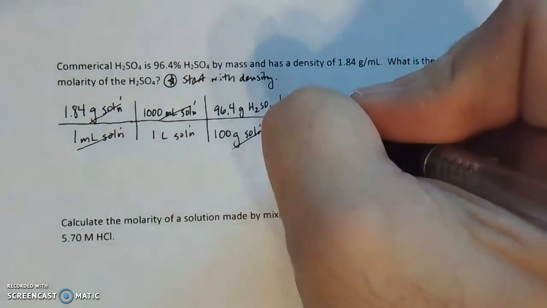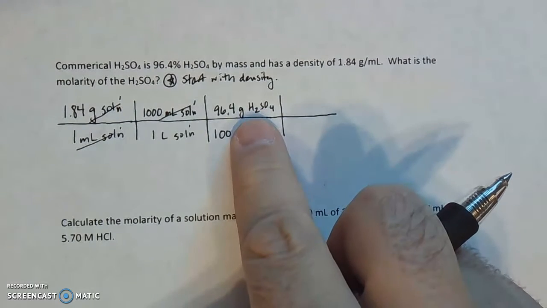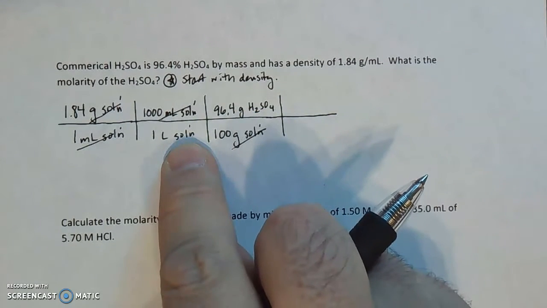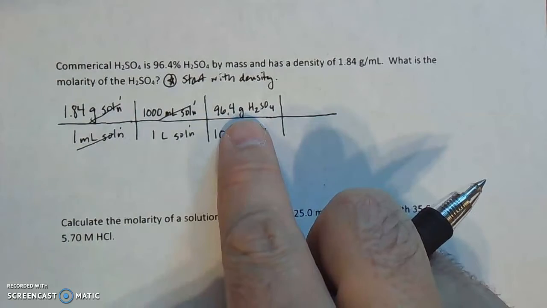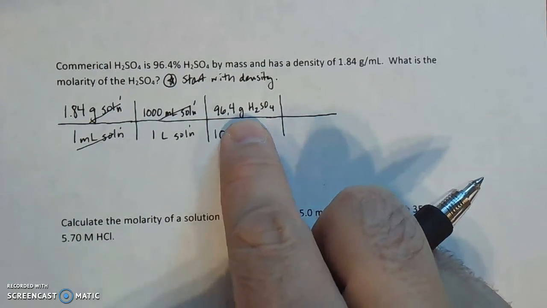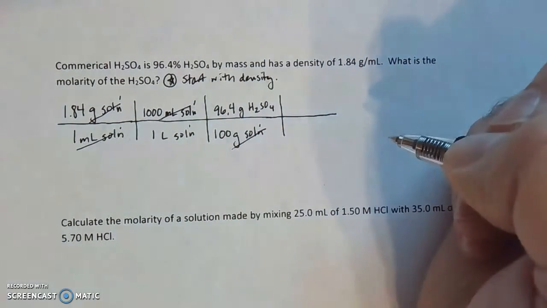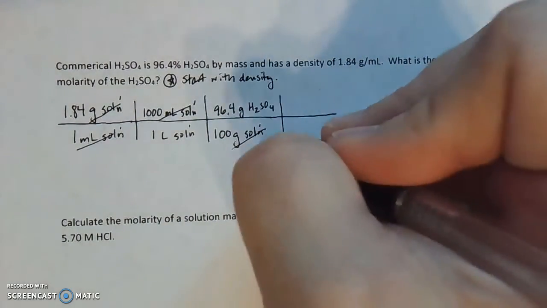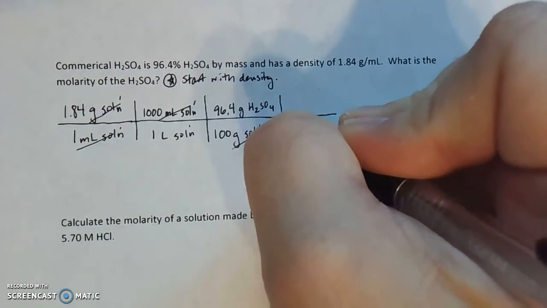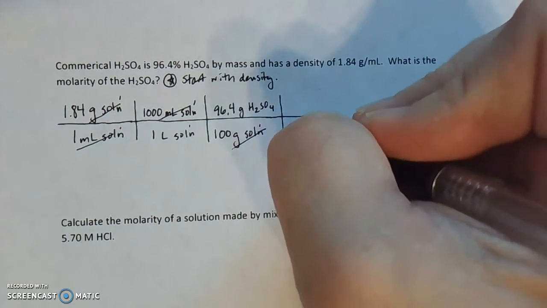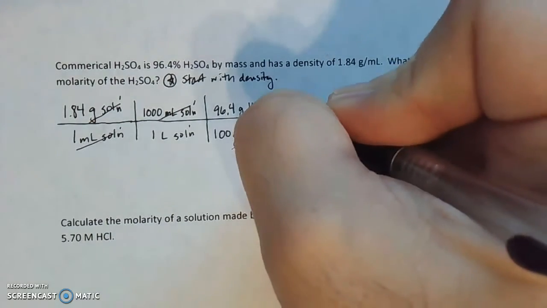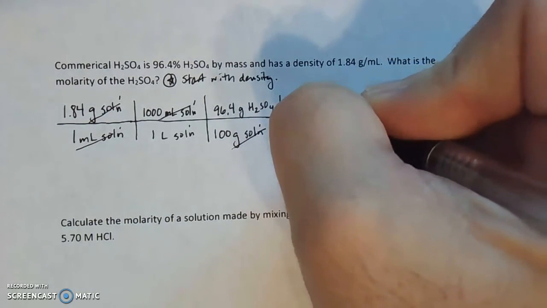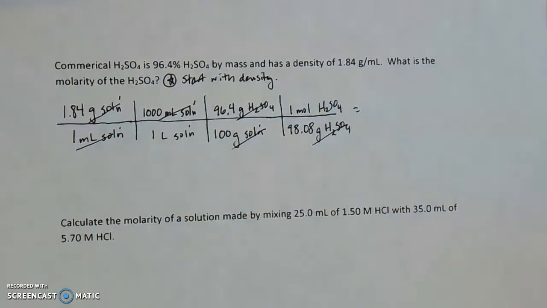And our last step, we don't want grams over liters, we want moles over liters. So I have to change grams of H2SO4 into moles. So I need the formula mass of H2SO4. And when you calculate it, you should get 98.08 grams in 1 mole. And that crosses those units off.